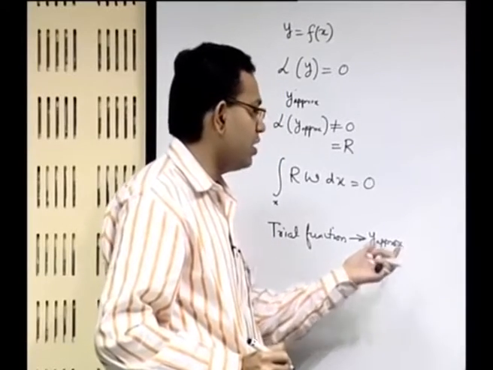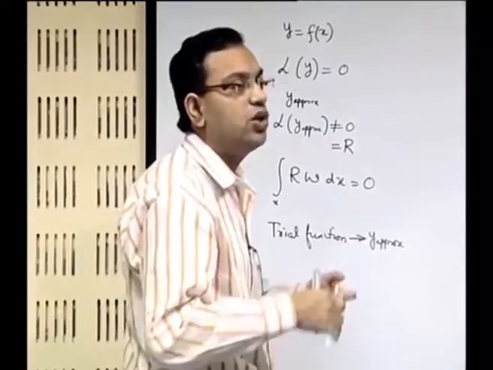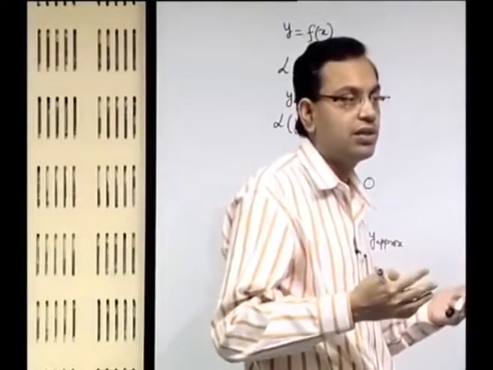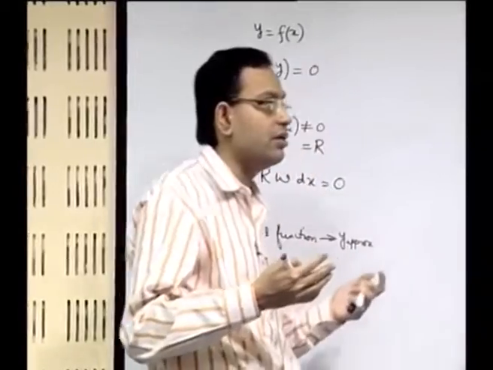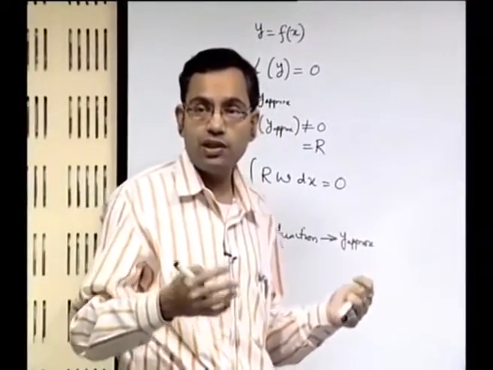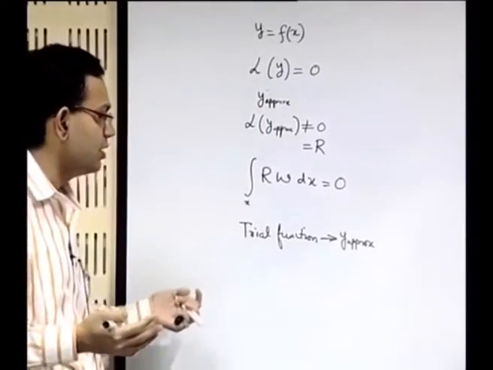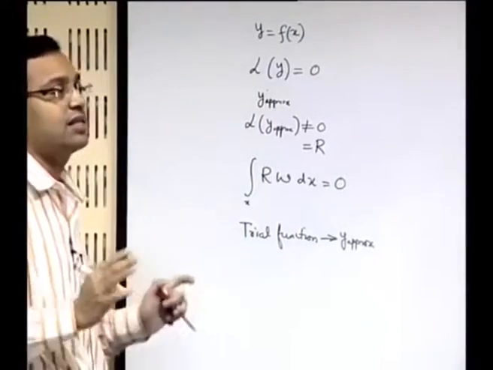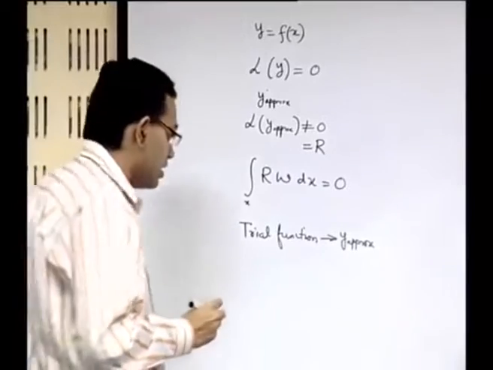We will see later on that polynomial is one of the convenient choices of the function, but it need not always be a polynomial function, it can be any function provided it satisfies certain characteristics. What are those conditions?